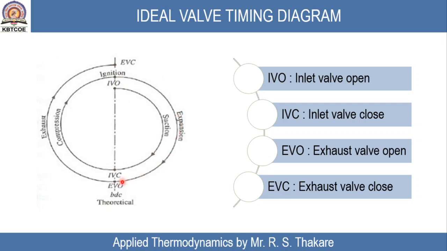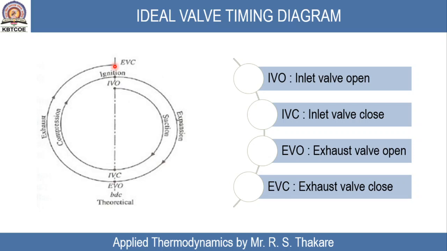After the expansion stroke, you need to escape this air into the atmosphere, so there will be an exhaust stroke. The piston will move from bottom dead center towards top dead center during the exhaust stroke, and the exhaust valve is open during that stroke. Whenever the piston is at bottom dead center there will be opening of the exhaust valve, and whenever the piston reaches top dead center there will be closing of the exhaust valve.